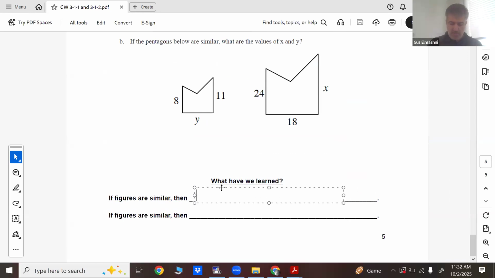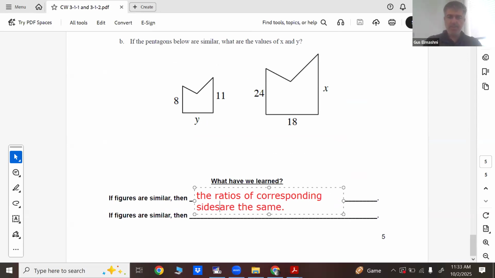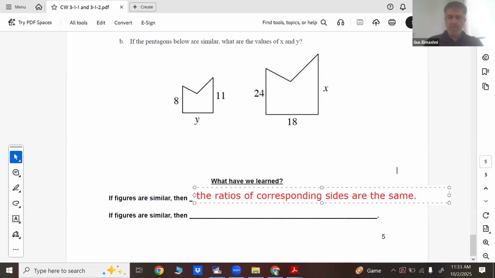All right. So if the figures are similar, then the ratios of corresponding sides are the same.